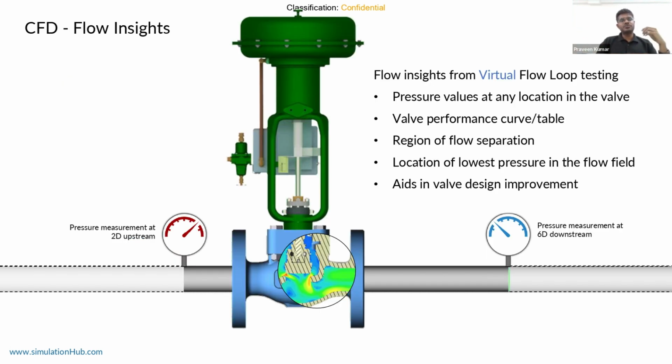On the contrary, if you take the path of CFD simulation, you will be able to see all those flow insights. You'll get pressure values at any location inside the valve, the complete quantitative data as well, the region of flow separation, the lowest pressure location, and everything. This will help you make design changes and move towards the optimum valve design for optimum efficiency.